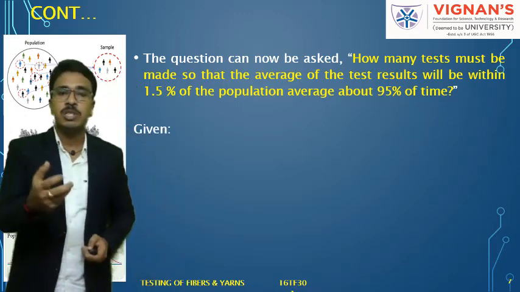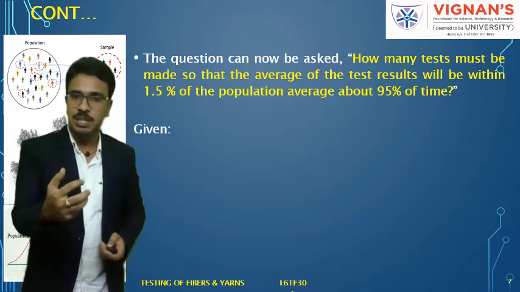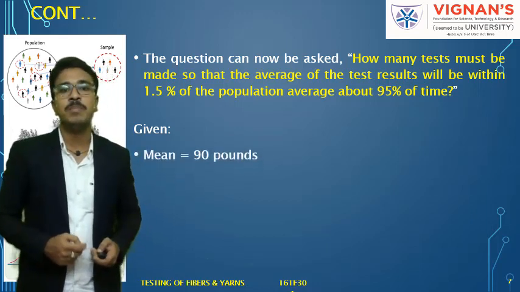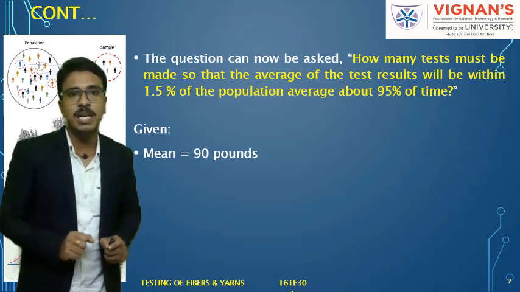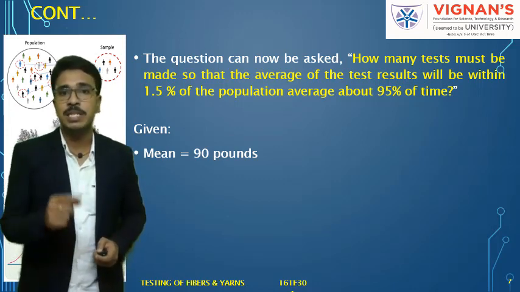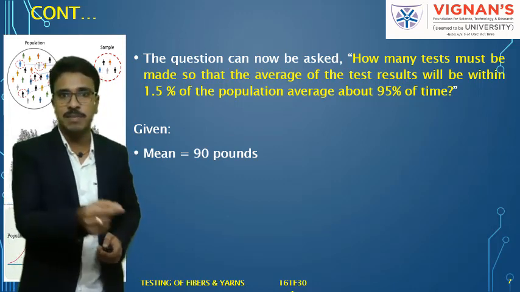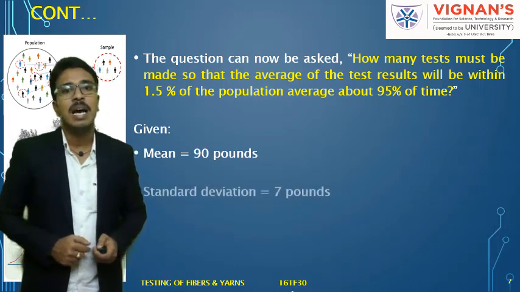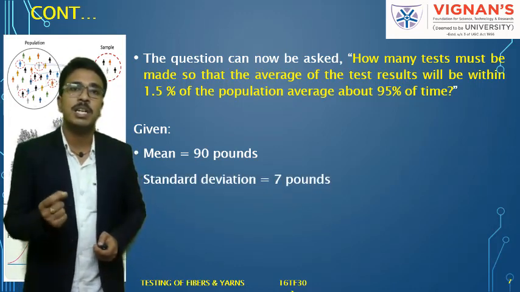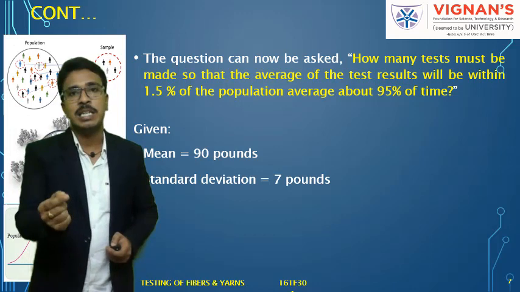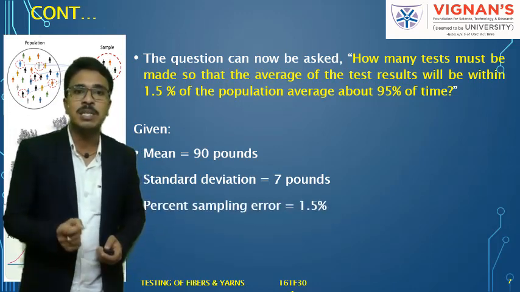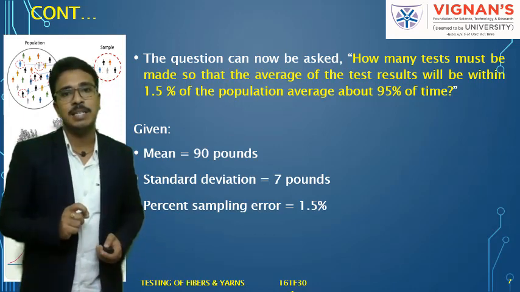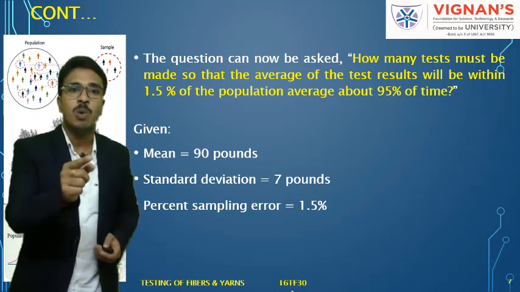Now let us pick out the information given in the problem. The mean, which we represent with x bar, is 90 pounds, which we saw in the last slide. The standard deviation, which we denote with sigma, is 7 pounds. The percentage of error, the sampling error, is 1.5%.